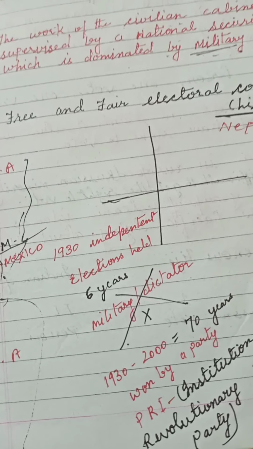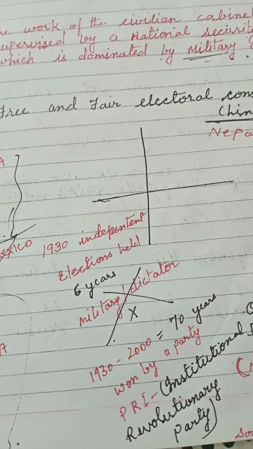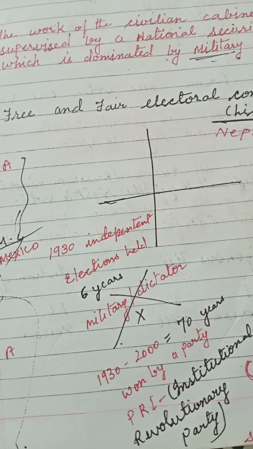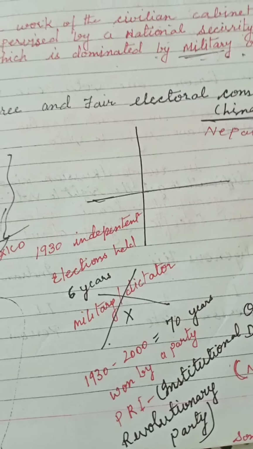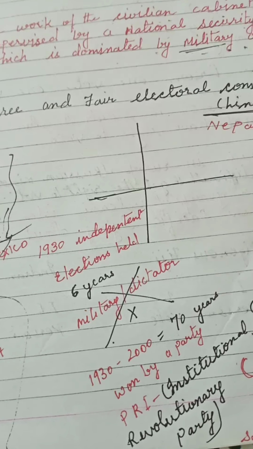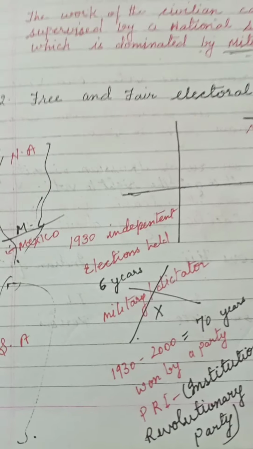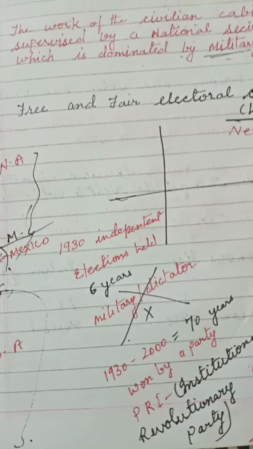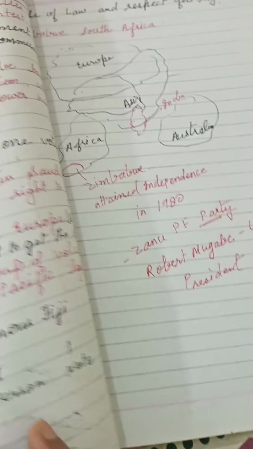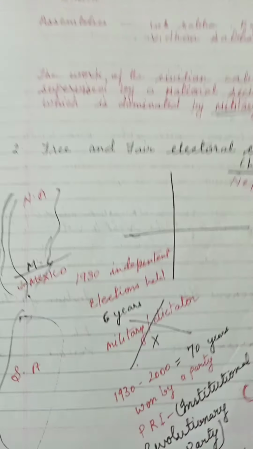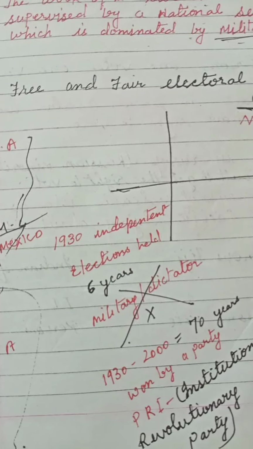But when there was an election in 2014, the Congress lost and the opposition BJP won. So free and fair elections mean the ruling party can also lose.